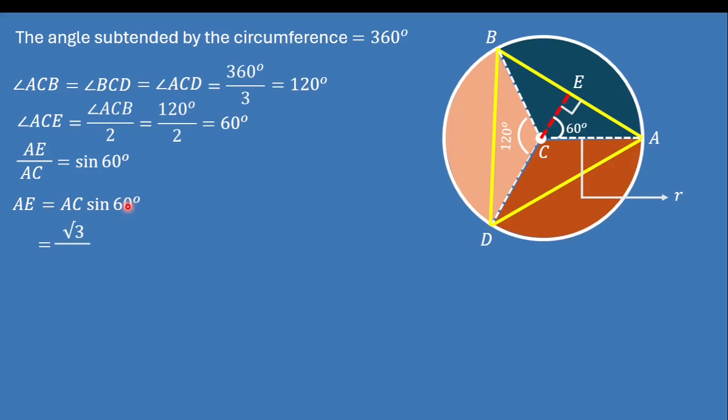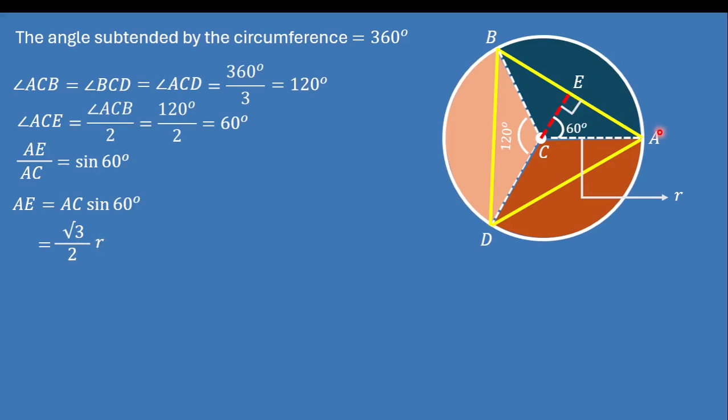AC is in fact the radius R, so I put that value over here. It is AE equals square root 3 divided by 2 times R. This length from A to E equals square root 3 divided by 2 times R.